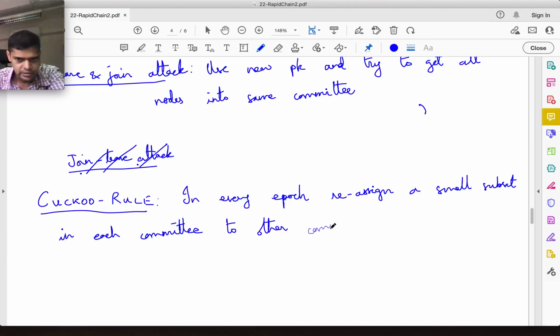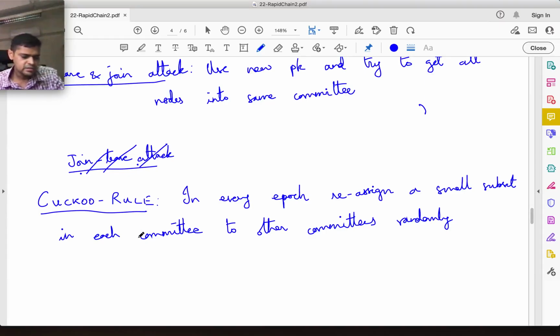So there's some rearrangement which is allowed over here. Maybe the attacker gets some of his nodes into a particular committee, but some of them might get kicked out. Under certain limitations for this leave and join attack, this is going to take care of ensuring that the set of Byzantine nodes remains below a threshold.